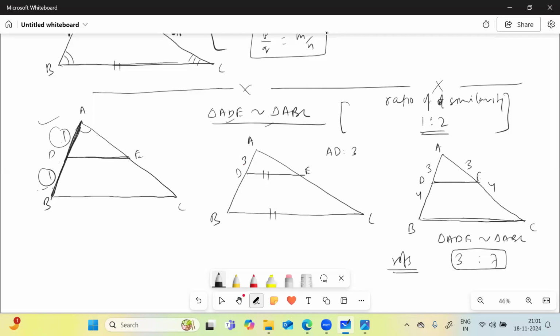AD is 3. DB is 5. BC is 16. ठीक है. Then what will be the length of DE? बताओ.